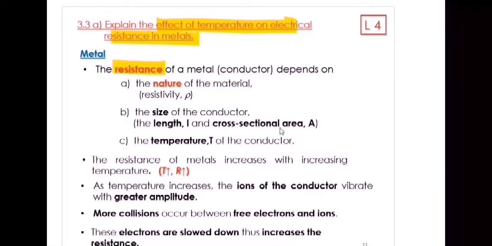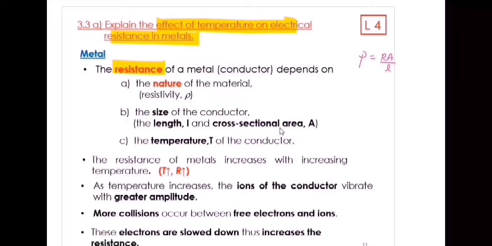We have the earlier formula from the earlier slide: rho equals RA over L, where rho is the resistivity, R is the resistance, A is the area of cross section of the conductor, and L is the length.